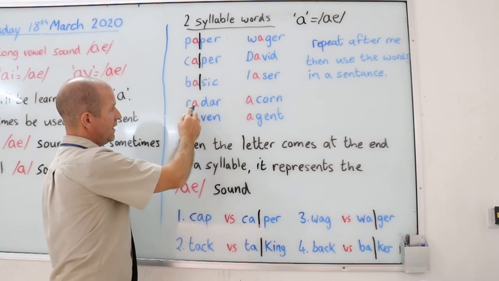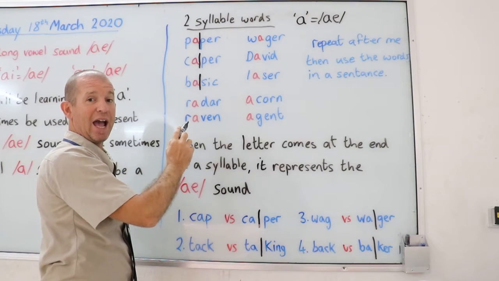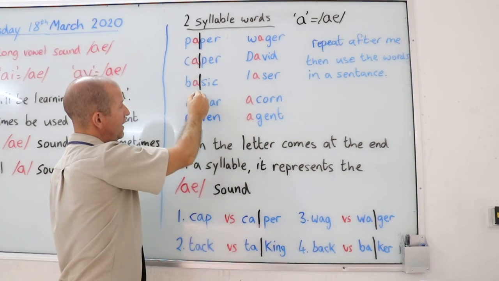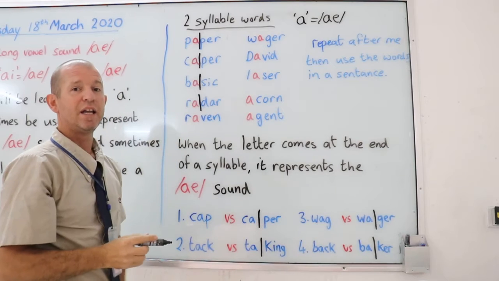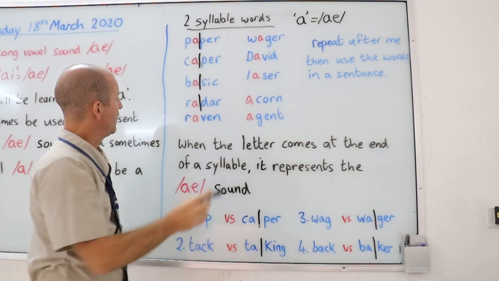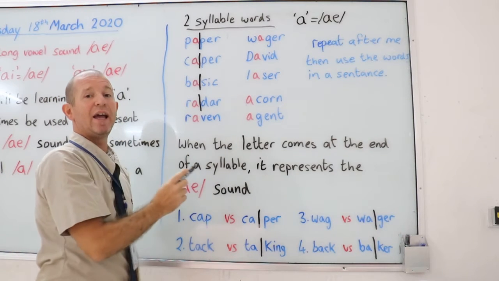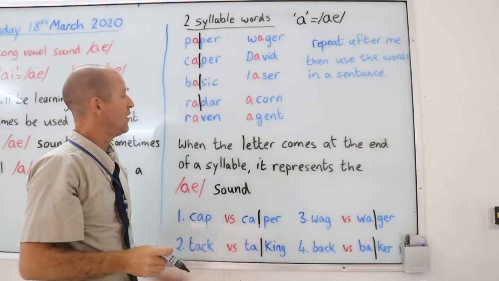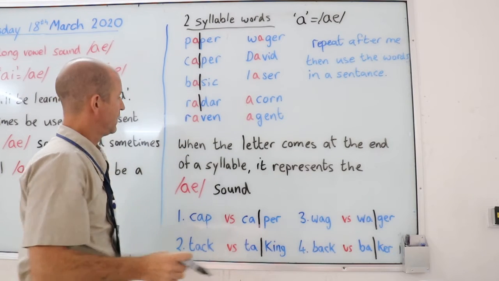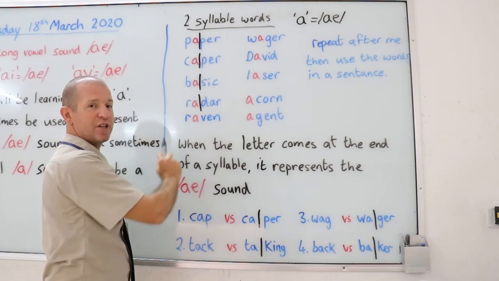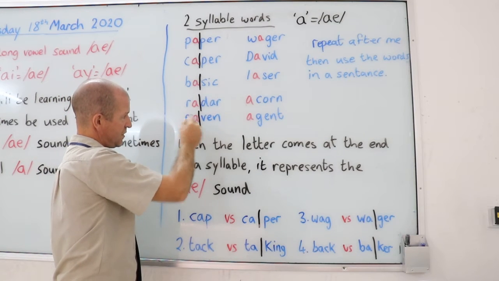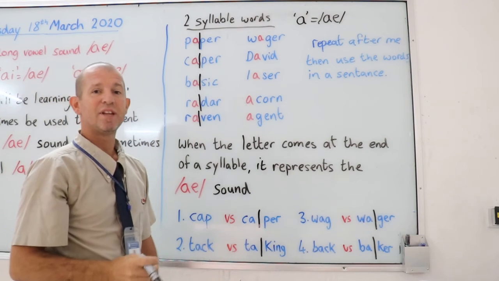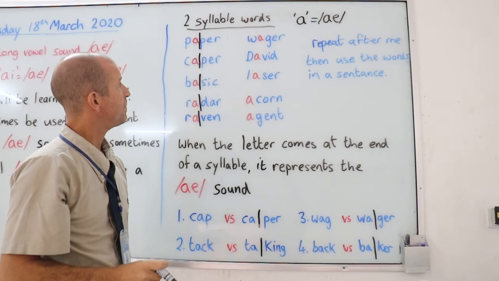And again, the A that's usually an A changes to A because it is the last letter in the syllable. Raven, raven, raven. The A that's usually an A changes to an A because it is the last letter of the syllable. It's at the end of the syllable.